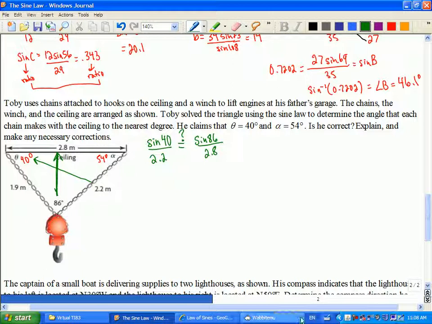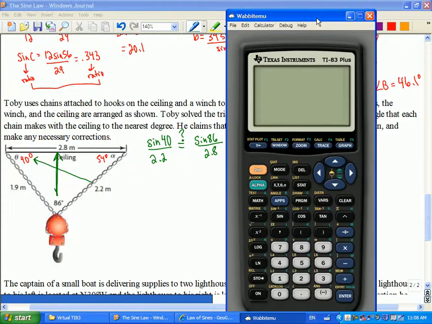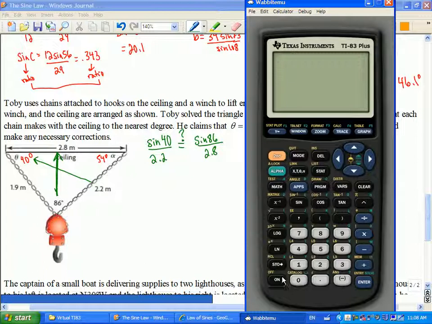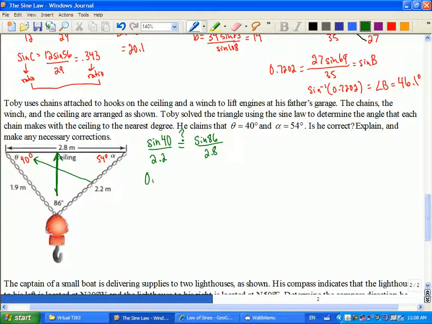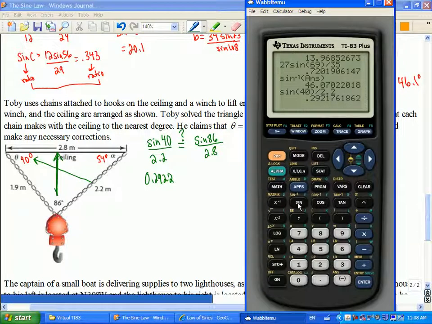So let's see what the calculator tells us. The sine of 40 divided by 2.2 is 0.2922. Now we'll compare that with the other side, which says the sine of 86 divided by 2.8.